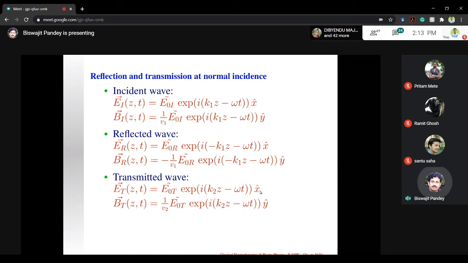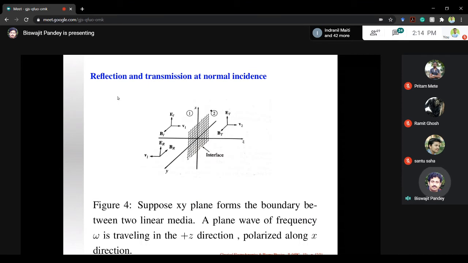And since the transmitted part will be traveling in the second medium, the speed of the wave will be different. So V2 is there, so 1 by V2, and then K2 cap cross E_T. What is K2 cap? Again, it's the same as the incident wave, because the transmitted part will travel in the same direction as the incident one. Only the speed is different.